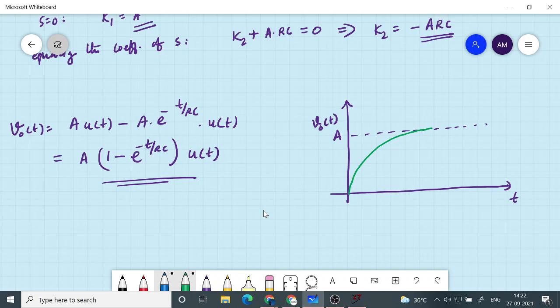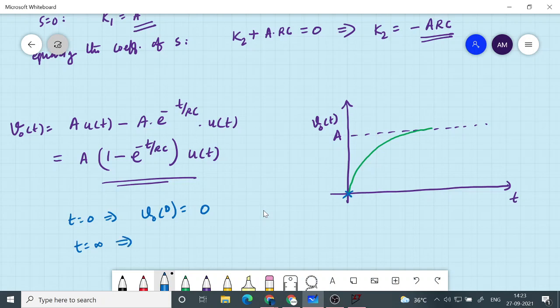So one way to check is to take different values. Let's take t equal to 0. T equal to 0, this expression will give V0 of 0. And V0 of 0 is what? When you put t equal to 0, it is 1 minus 1, that is 0. So that is matching. So that is this point. Another point you can take is t at very large, t equal to infinity.